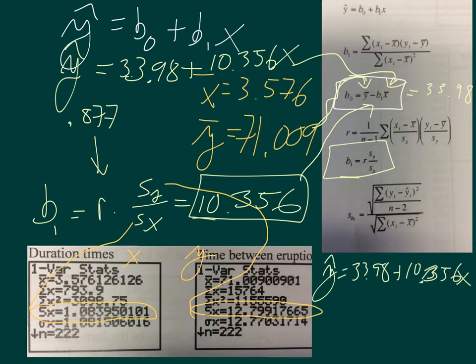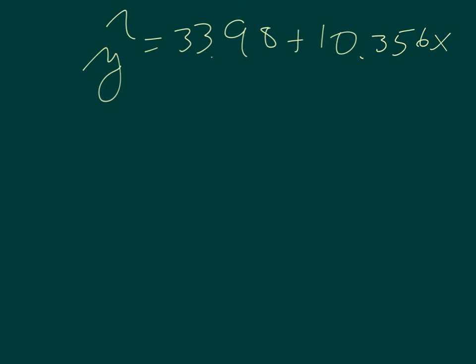Then I could go along and say, if I happen to know that an eruption lasted 4.5 minutes, what's the estimated wait time until the next eruption? Well, let me go to the next slide. So if we happen to witness an eruption, because that's what you do when you go to Old Faithful, right?